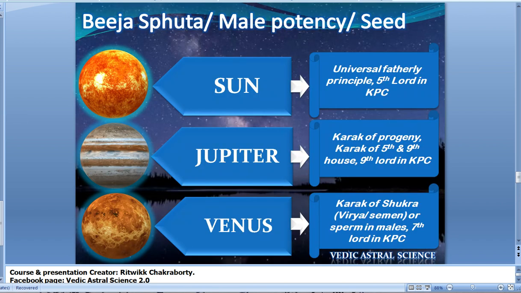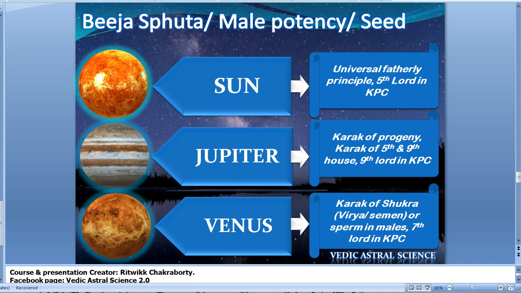Here I have changed the slide again. You can see that three planets are here: Sun, Jupiter and Venus, which we need to take into consideration for the calculation of Beeja Sphuta or male potency.